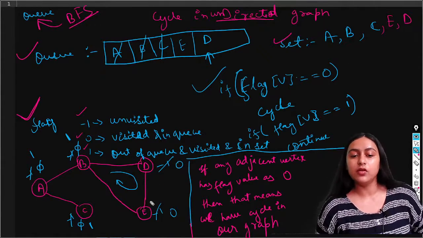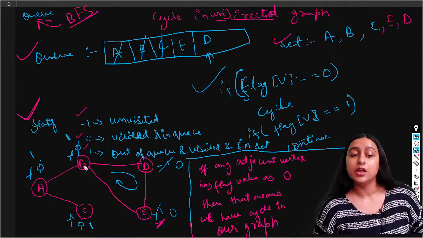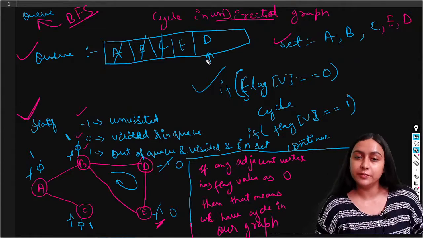Once we start visiting, when I came to E, I was checking the adjacent vertices of E, which are B and D. B's value had already become 1, so that was not a problem. When we saw D, D's value was 0, which means D is already present in the queue.